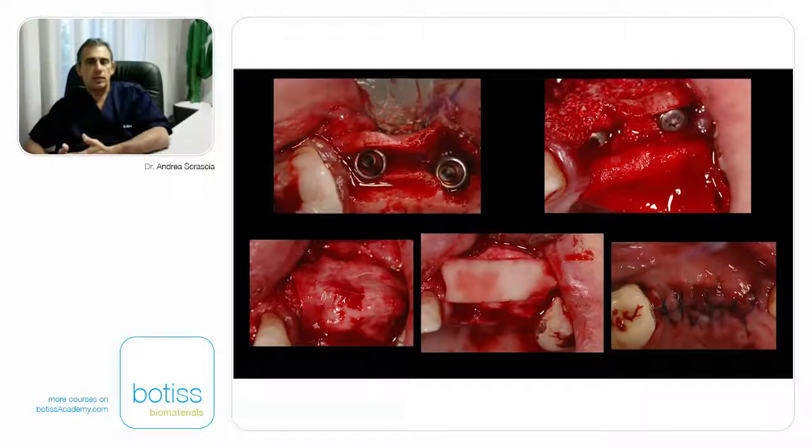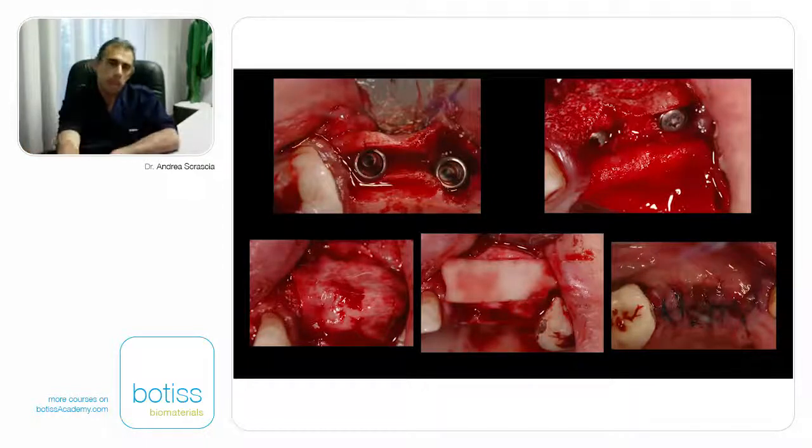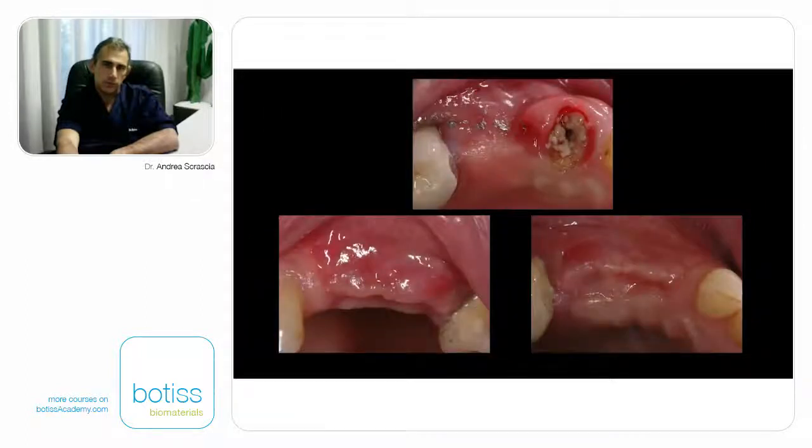And to augment the volume, I added a Mucoderm membrane. In the picture of the new level of mucosa, we can now notice the increase of the soft tissue volume and the anatomical shape changes of the edentulous area.